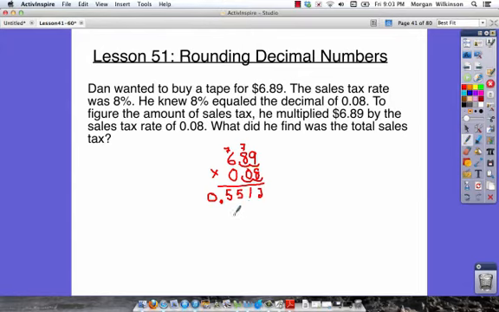Well, it must be closer to 55 cents because the 1 is less than 5. So it must be nearer to the 55 cents than it would be to the 56 cents. So we've got our answer. We need to have a dollar sign in there, 55 cents, and we're all done with our first question.